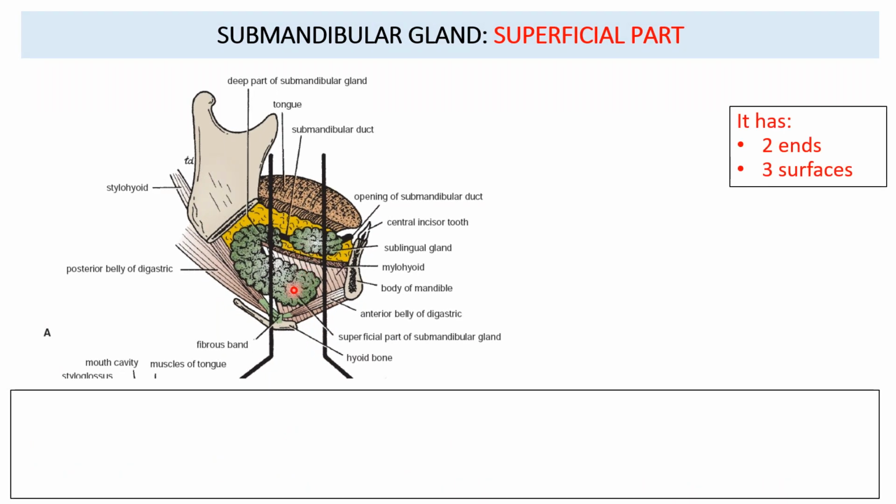Now, if we look into the superficial part, it has two ends. This is the one end and this is the other end. So this is the anterior end and this is the posterior end of the superficial part, and it has three surfaces as well. We'll come to the surfaces later. So let's see the anterior end first.